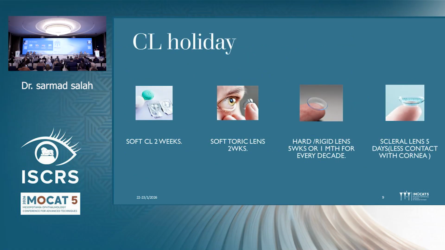All these factors can affect the accuracy of the measurement of IOL power. For patients wearing contact lenses, it's important to have what is called a contact lens holiday, and the time of the holiday differs according to the type of contact lens. Now, let's discuss the appropriate formula, or which formula we can use in patients with keratoconus. Actually, there is no ideal formula.